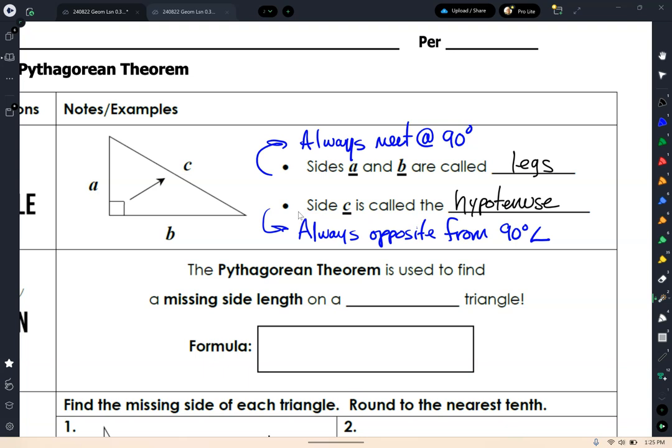What side is always the longest side in a right triangle? Why? How do you know that? Because in Pythagorean theorem, it says that the C length is always the largest length, and then the A and B are the smallest.